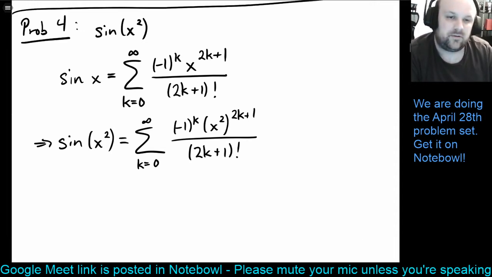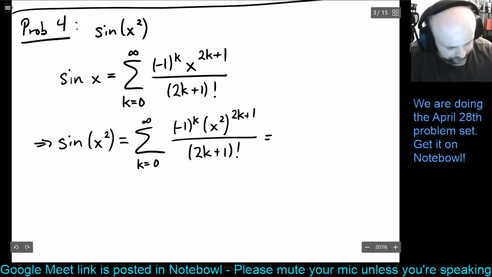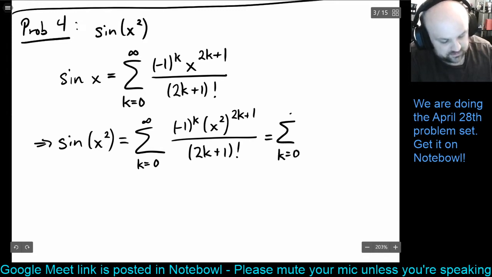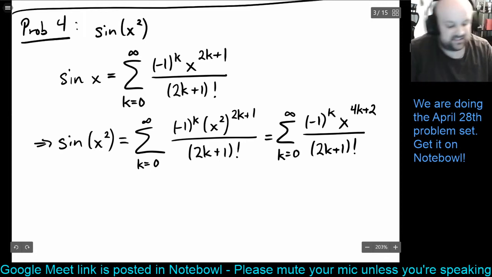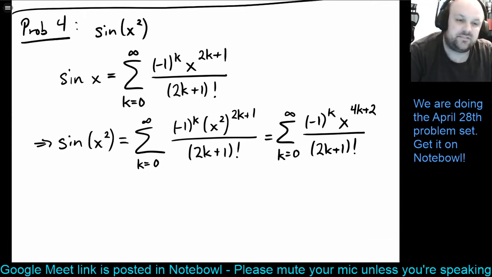And then all we have to do is pull the square out of the parentheses. This is the sum from k equals 0 to infinity of (-1)^k x^(4k+2) over (2k+1)!. And that's that. That's a power series for sine of x squared.